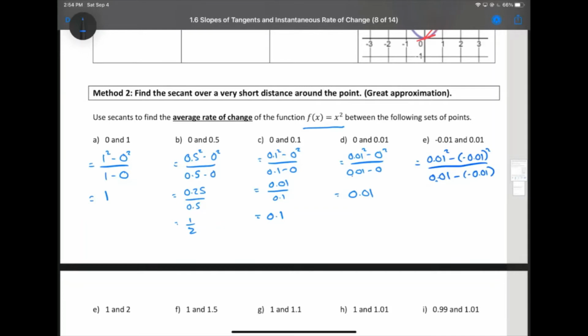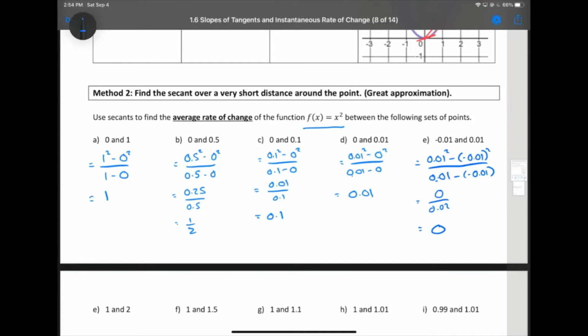That's just change of height over change of x, one more time, change of y over change of x. Now the top is 0, the bottom is 0.02, but either way, that slope is 0.